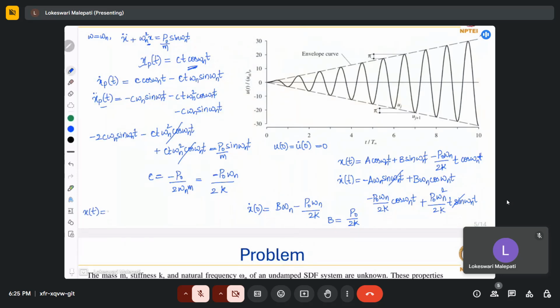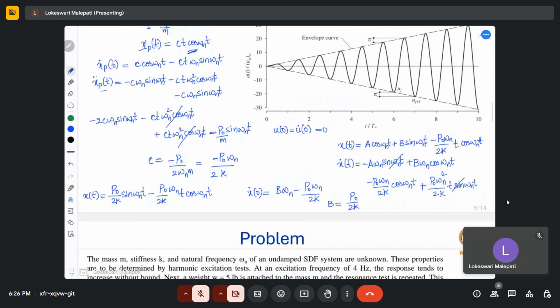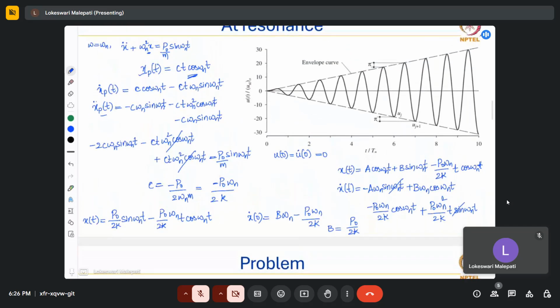x of t is equal to p naught by 2k sin omega nt minus p naught by 2k omega nt cos omega nt. So from this equation, we can find out the local maxima which give the amplitude at each cycle.